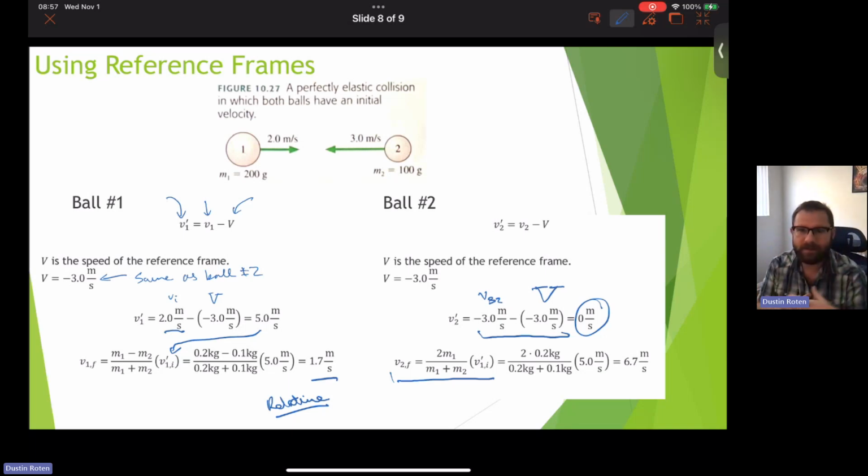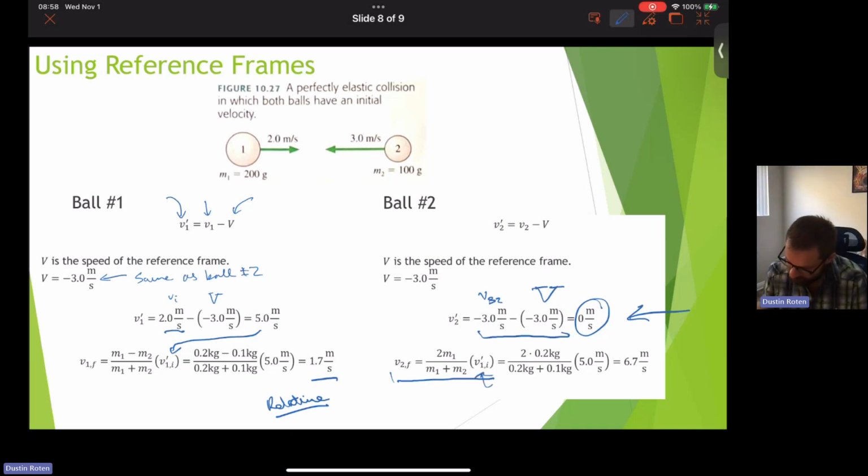Because remember, when we derived these equations, the dependence on ball 2's velocity just went away. Even though it's zero, there's nothing there. So I don't have to sit here and think about how to plug in the 0 meters per second. This is just showing that the reference frame and the ball are traveling together. That's all.